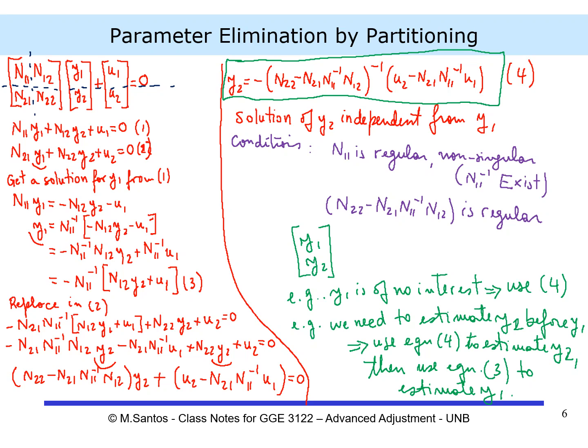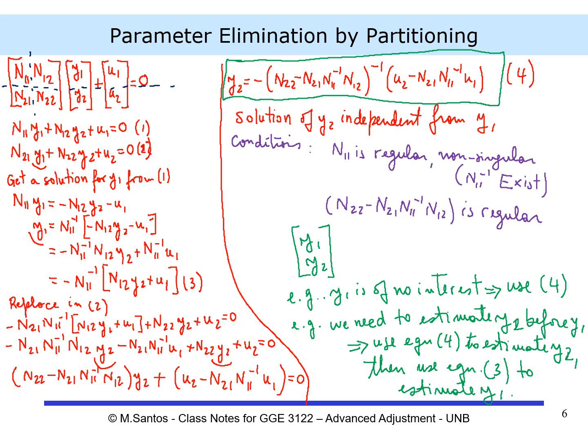Actually, we can use parameter elimination by partitioning to derive any expression for the solution of least squares. We did an example showing how we can get a solution for Y2 independent from Y1. A similar derivation can be made to obtain a solution of Y1 independent of Y2, in which case Y2 is not there.